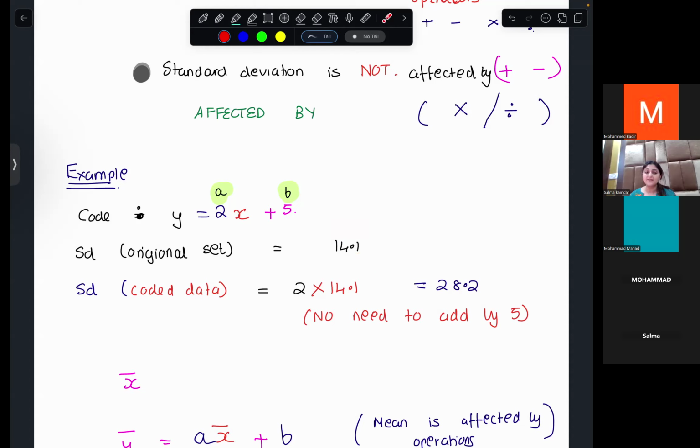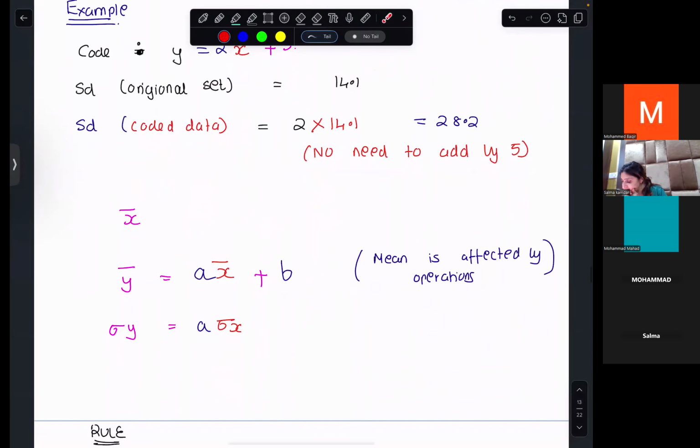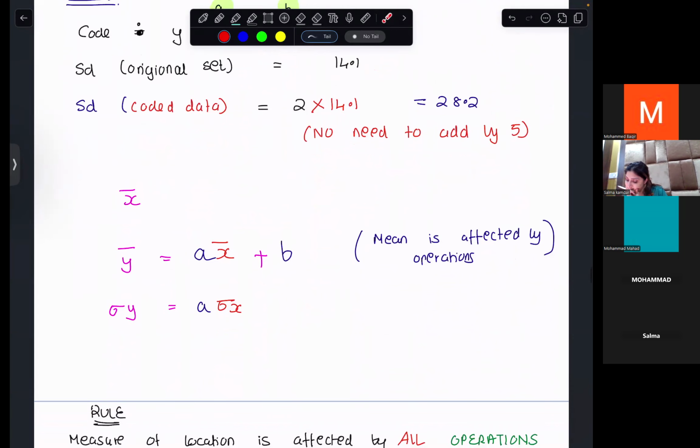If the standard deviation is 14.1 and this is the code, you'll only multiply 14.1 by 2, which would give you 28.2, which is going to be your standard deviation.